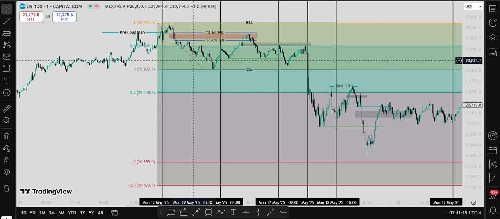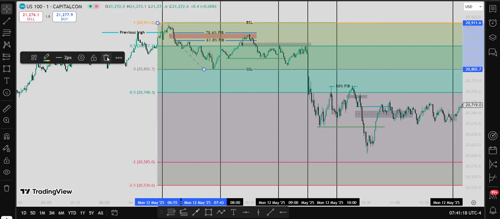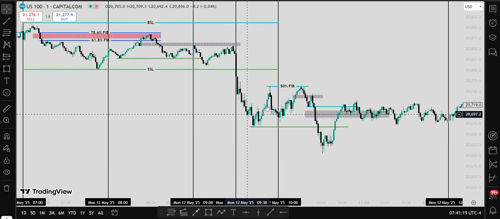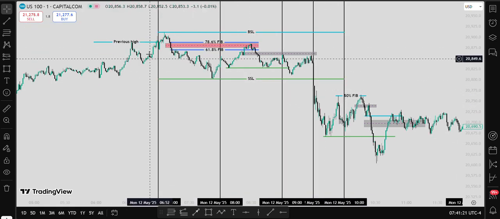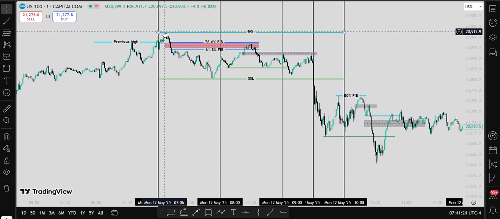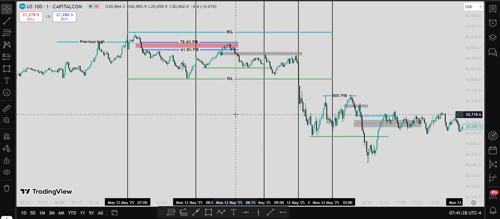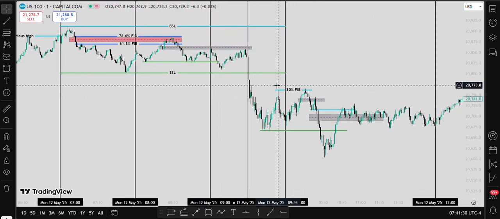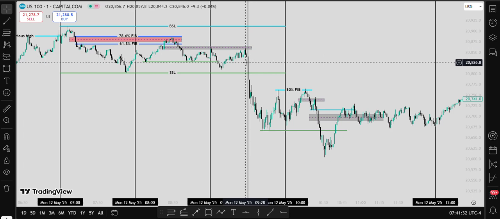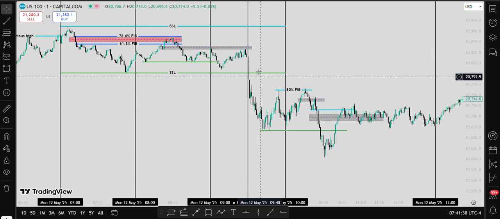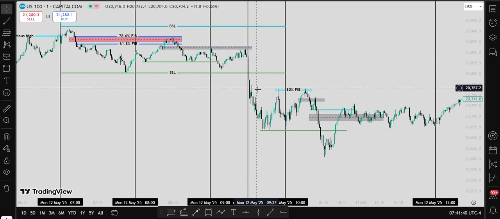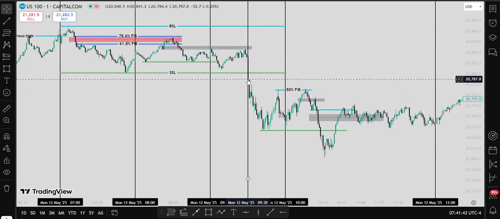Now let us remove this measuring tool. Apart from where I've used the first high that was created after 7 and the low created before 8, you can also check at the recent dip that was given before the market opened at 9:30.